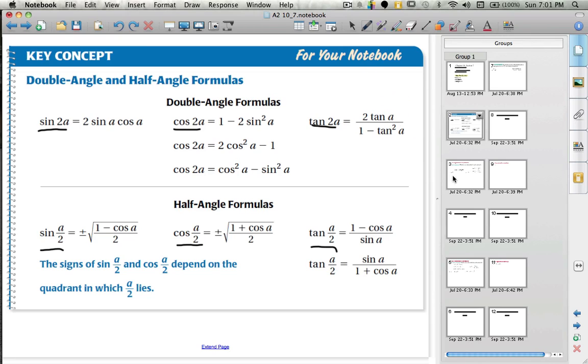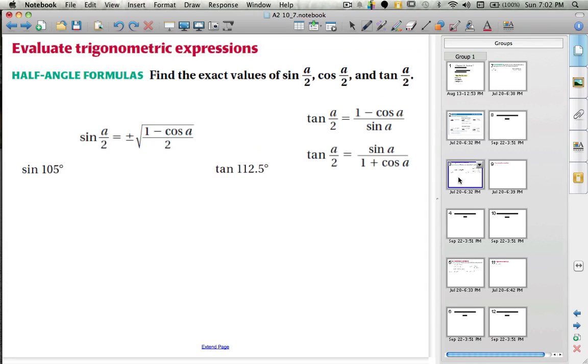Okay, so when we get into working with these, if I want to use my half angle formulas, I know that in order to evaluate sine of 105, it feels weird that I'm calling this a half angle formula, but what I'm really going to work with is the sine of 210. So the sine of 210 degrees divided by 2, that's 105 degrees.